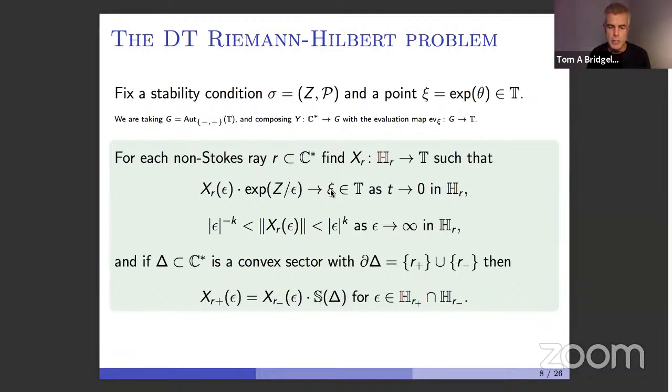It has moderate growth at infinity, and it has asymptotics of this form as epsilon goes to 0. The exponential term in those asymptotics is the central charge, and the constant term is the thing you chose at the start. Really this is tending to the identity as an automorphism of the torus, and when I apply that to this point, of course, I just get psi back. Okay, so that's the thing to think about.